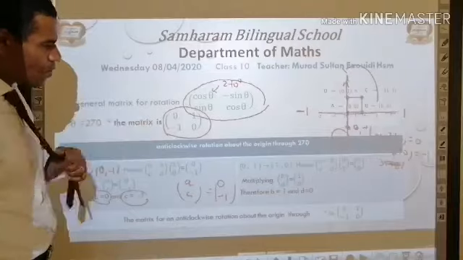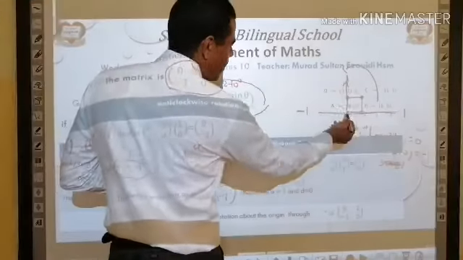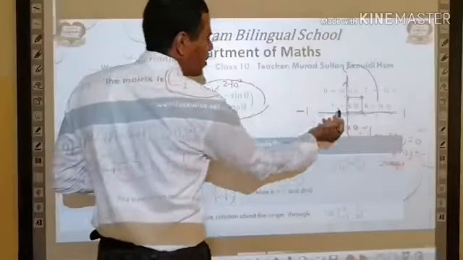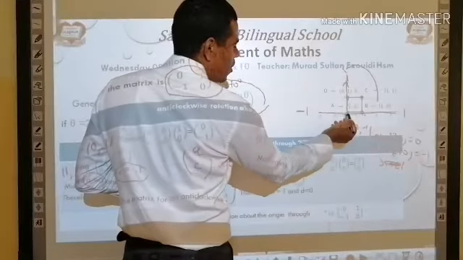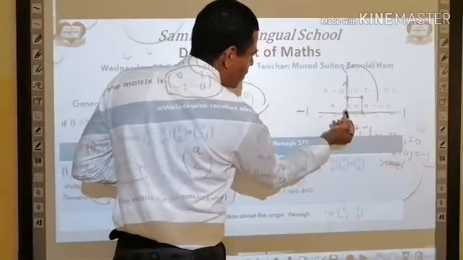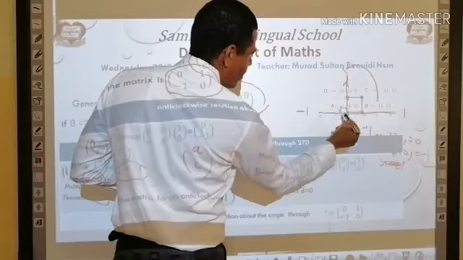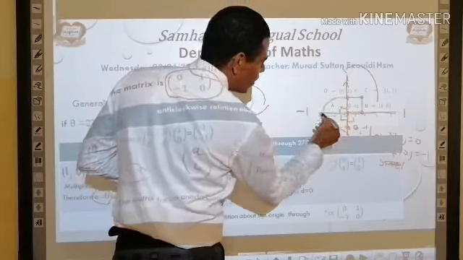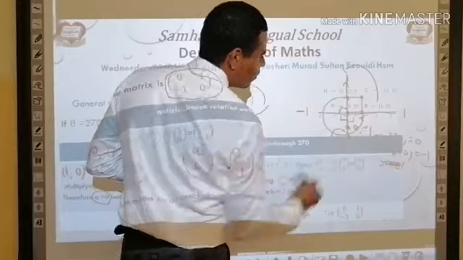The point (0, 1), my kids. We will rotate this point about the origin counterclockwise through 270 degrees. This is 90 degrees, this is 90, and this one 90. So it will be like that. It will be this point.